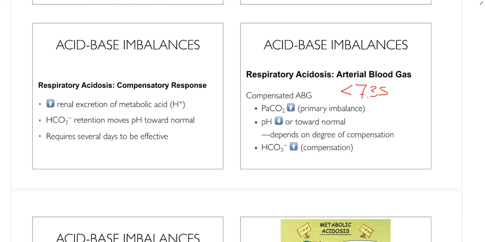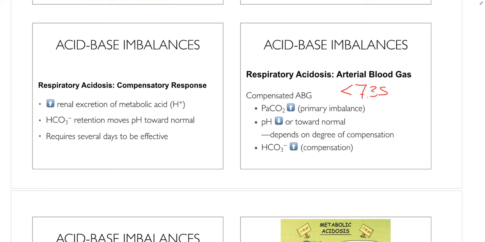The bicarb here is up because it's trying to compensate for the acid in the body. As bicarb goes up, that makes it more alkalotic, because it's trying to pair up with all the acids to get rid of those acids from the body.